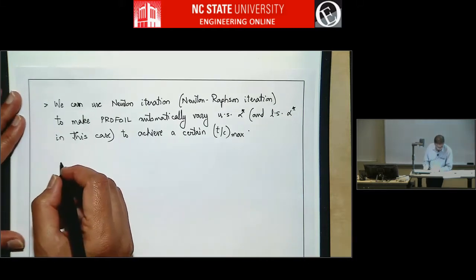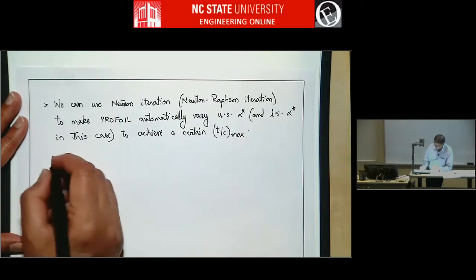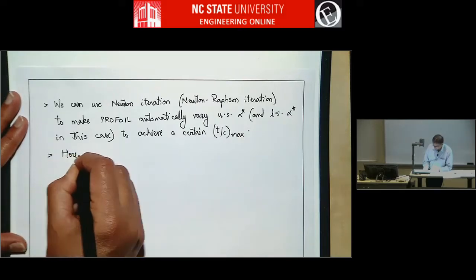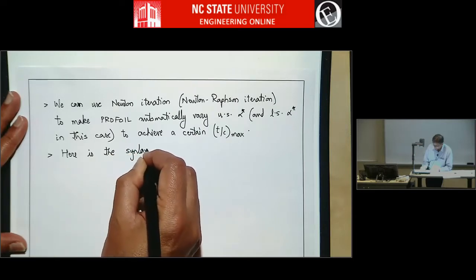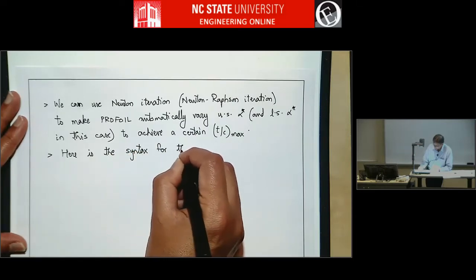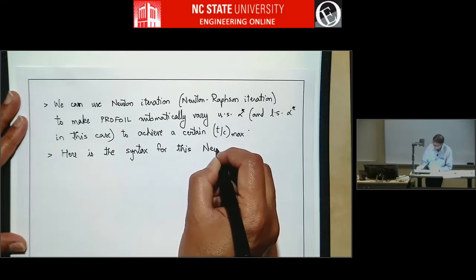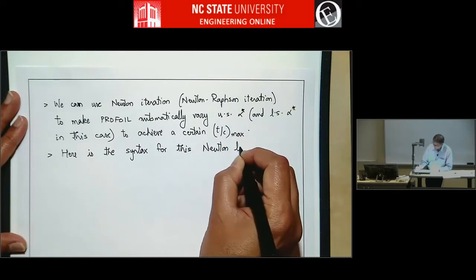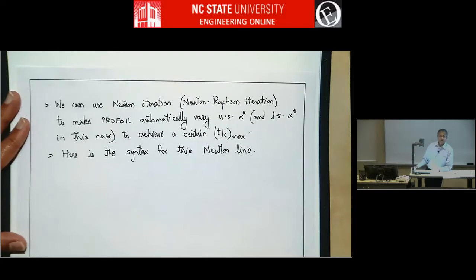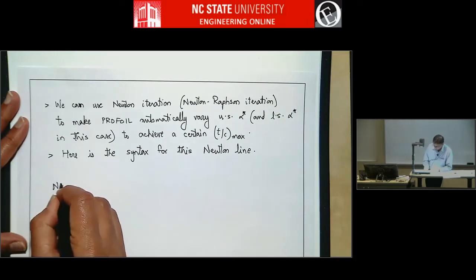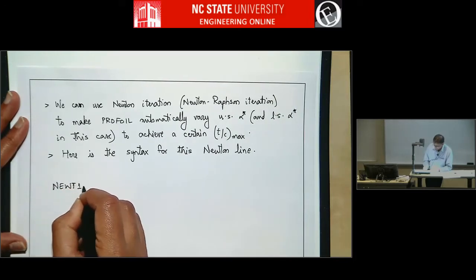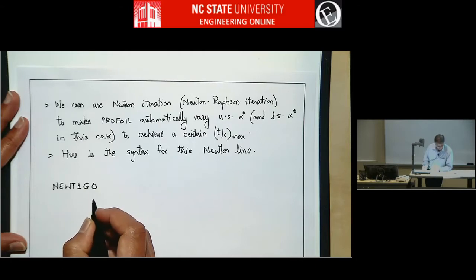Okay, so that line looks like this. So here is the syntax. We call this the Newton line, right? It's just a line in the input file that tells Profile how to do the Newton iteration. So that line looks like this: Newt 1 G0.